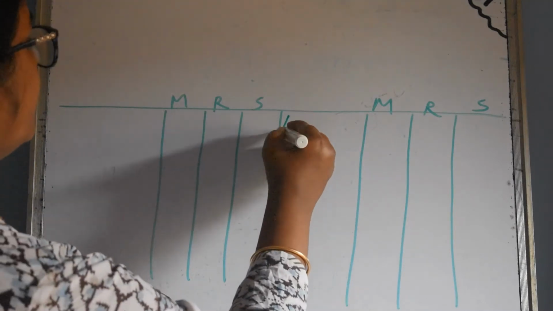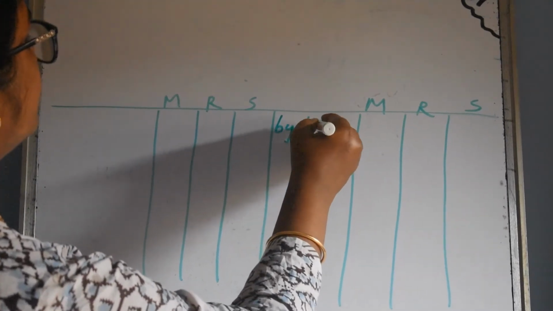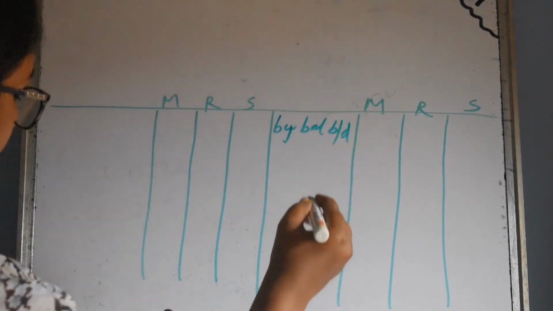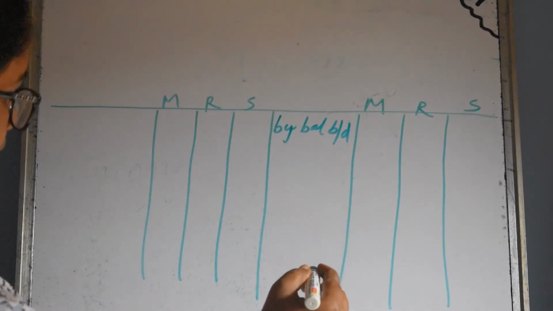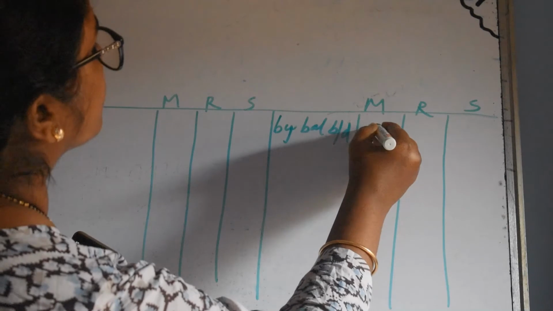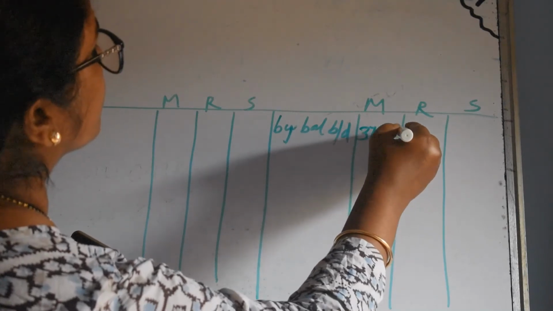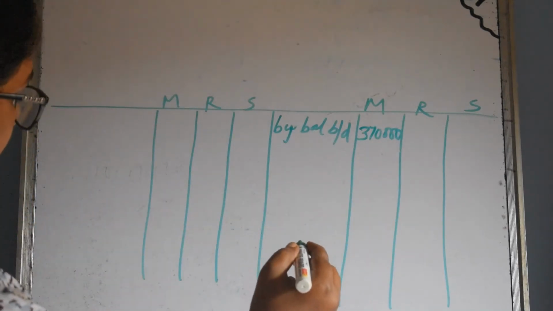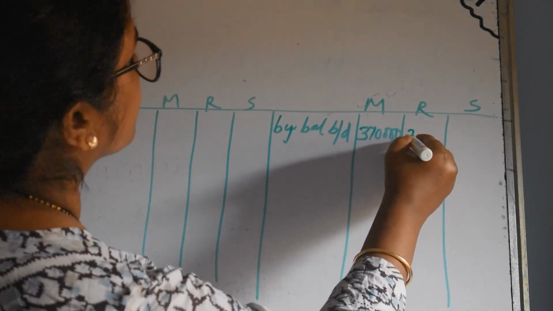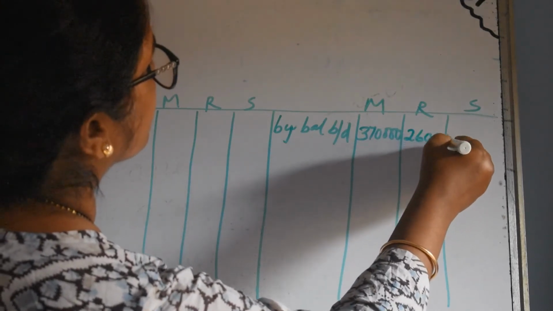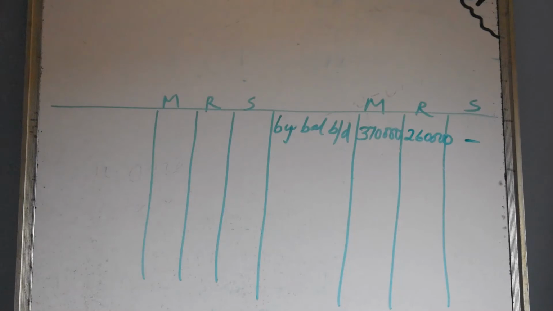So we bring it down by balance brought down. M's capital is 3,70,000. R is 2,60,000. S's capital is not there.